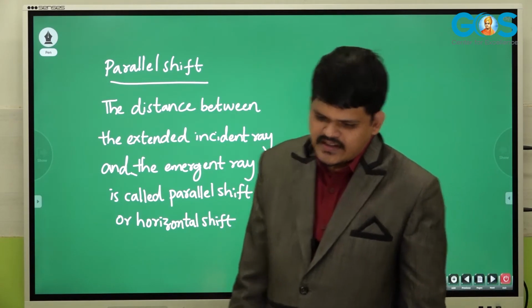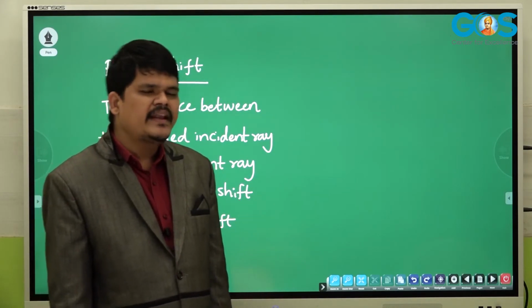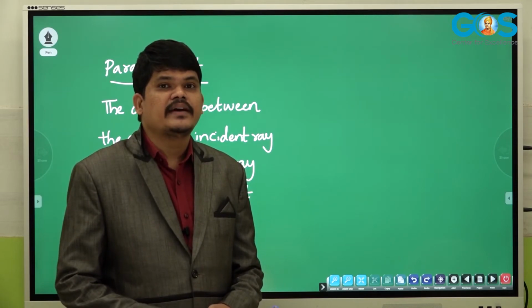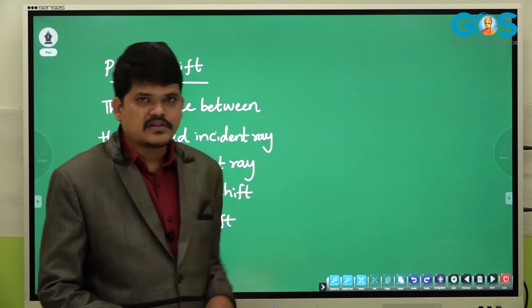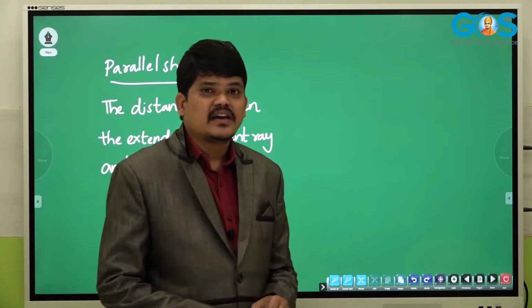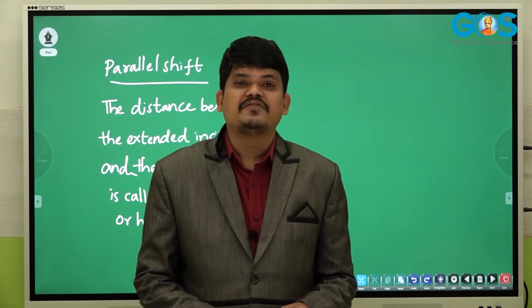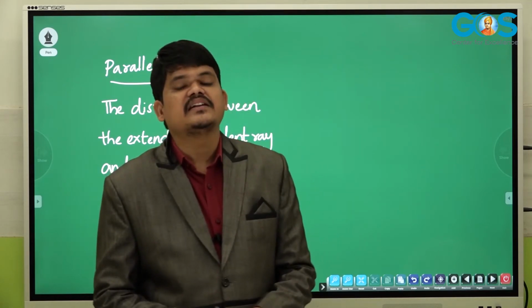Now, students, the examiner may ask a question like this: explain an activity to show the angle of deviation produced by a rectangular glass slab is 0 degrees. That is one way of asking the question. Another way is: explain an activity to find the parallel shift when a light ray passes through the rectangular glass slab. This is the other way of asking.